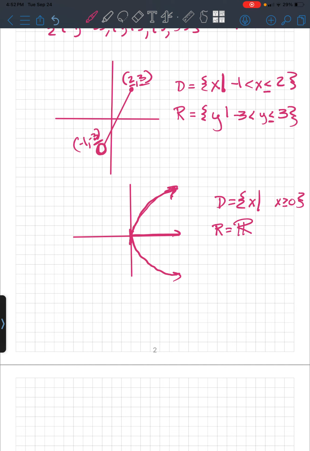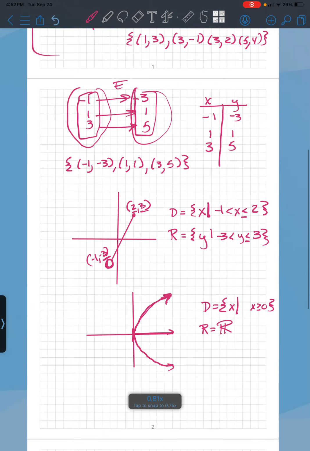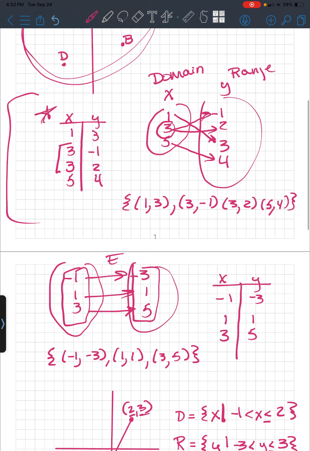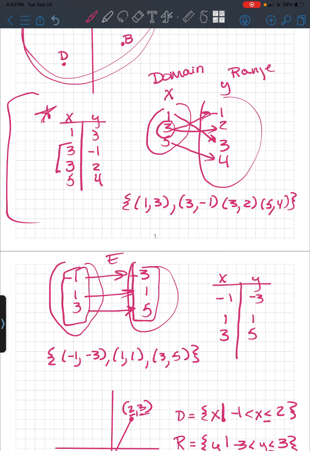So we talked about functions, and functions are where your x's never repeat. So this was not a function here because we had 3 2 times for my -1 and for my 2. So that is not a function. If you look at the top of page 58, to the right, there are 3: E, A, and F. E is a function.